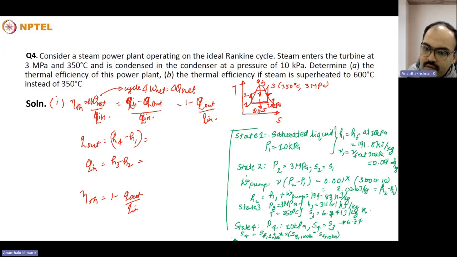You already know the value of S4, 6.74 kilojoule per kilogram Kelvin.